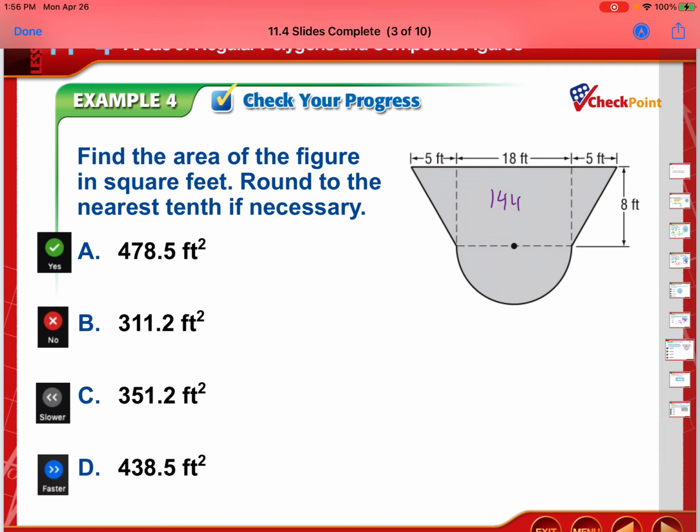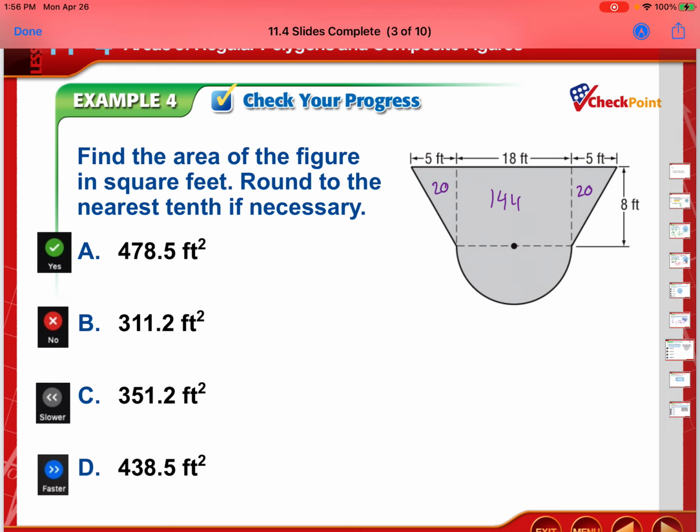Now, we have two identical triangles left, a 5 by 8 and a 5 by 8. They're going to be the same area for each one, which our formula is, of course, half the base times the height. Half of 8 is 4, and 4 times 5 is 20, so each of these is going to be a whopping 20 square feet.